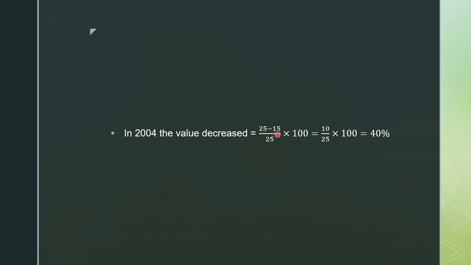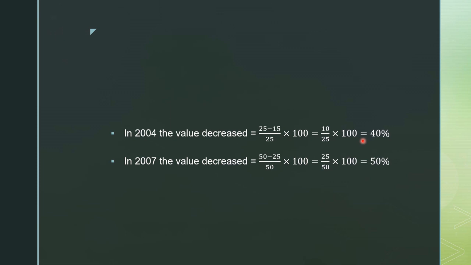So 25 minus 15 divided by 25 into 100, that is equal to 10 divided by 25 into 100, and we got 40%.